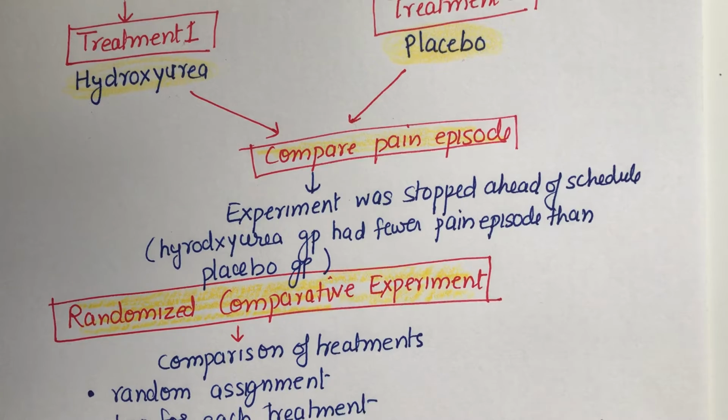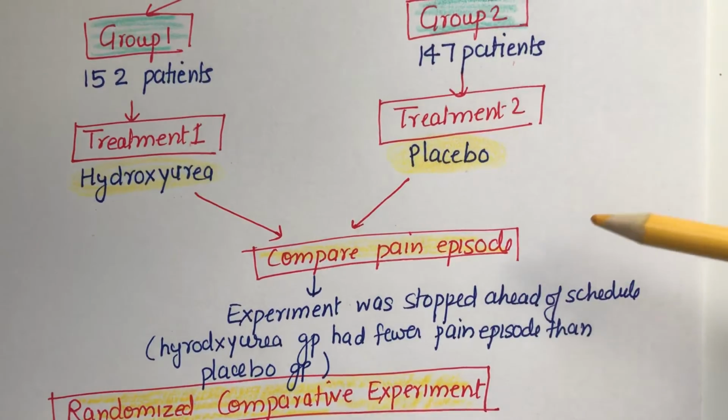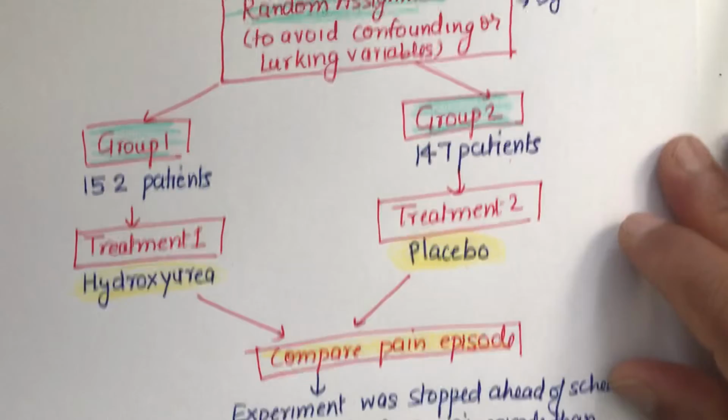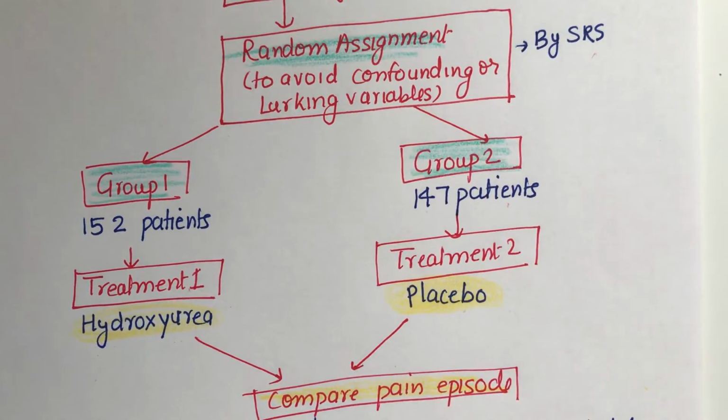Now, whatever we have done until now, we created two groups and assigned them different treatments. The assignment is very important here. This random assignment is really important because that's what leads us to an unbiased conclusion. Otherwise, there may be several confounding or lurking variables included in the result and it may not be a fair outcome.